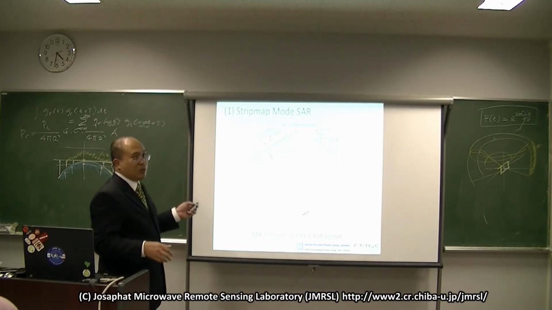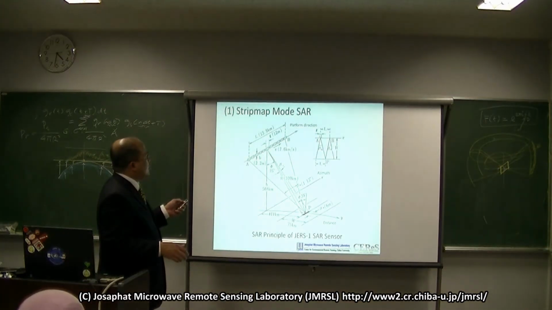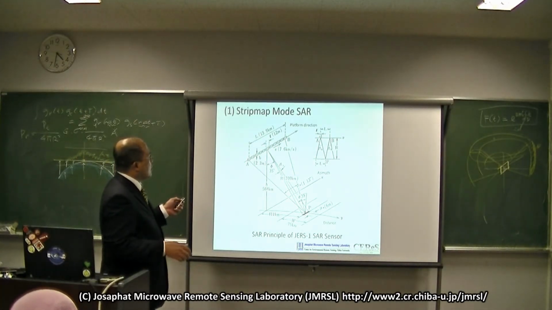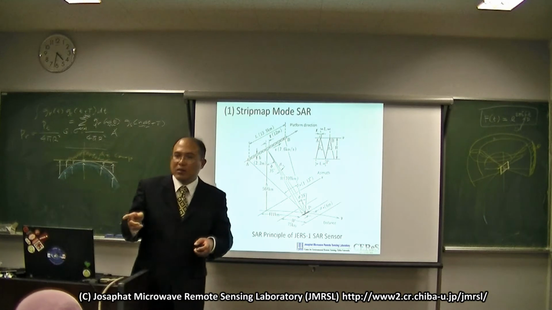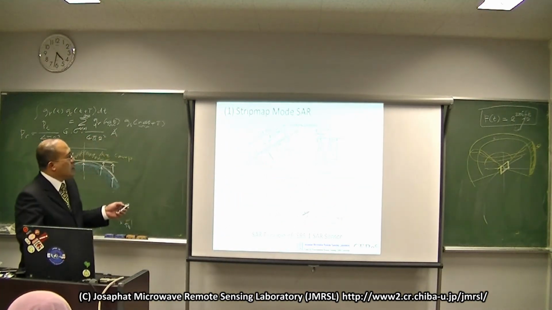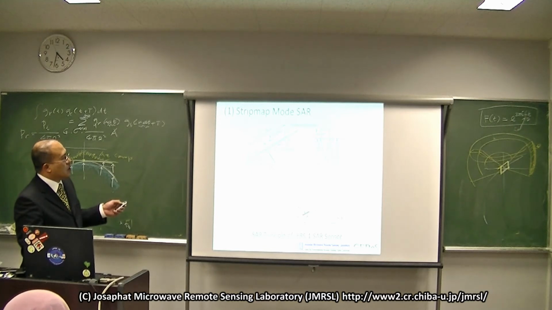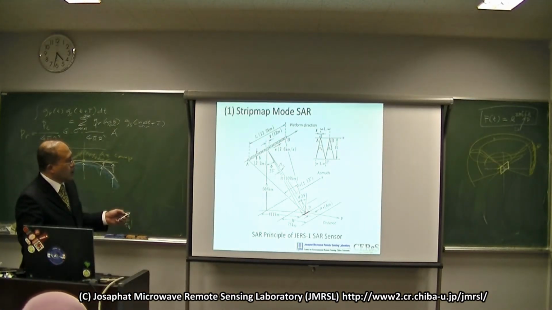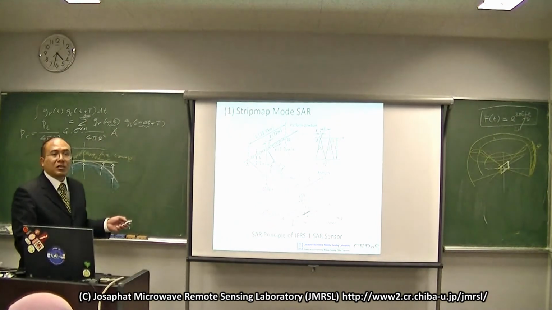Stripmap mode. For example, this is just one stripmap, with swath of 17.9 kilometers, and the speed of our spacecraft is 7.6 kilometers per second.